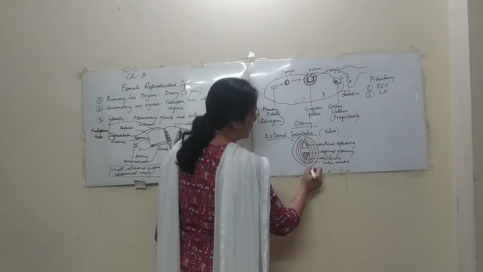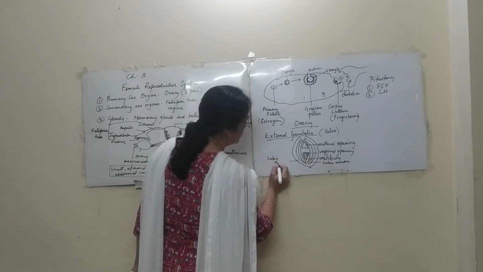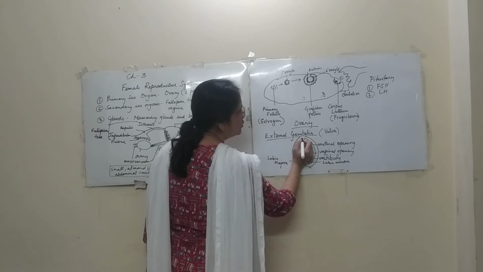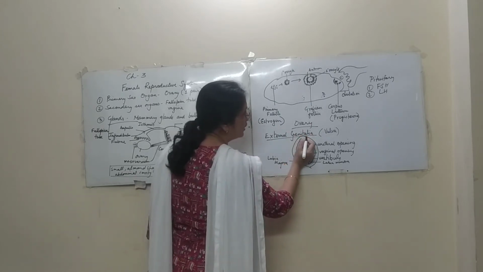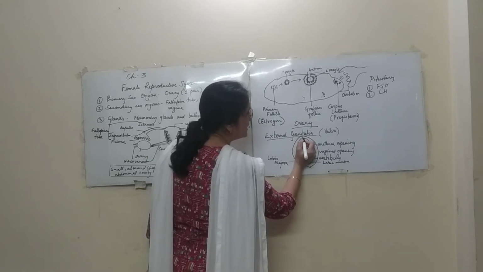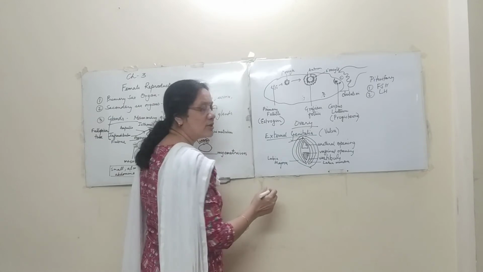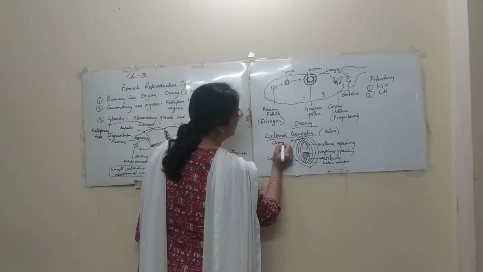At the point where the labia minora and the labia majora meet, there is a finger-like, flap-like structure which is known as the clitoris.